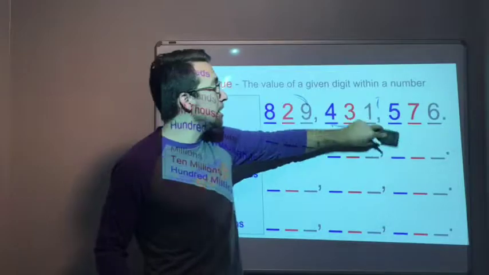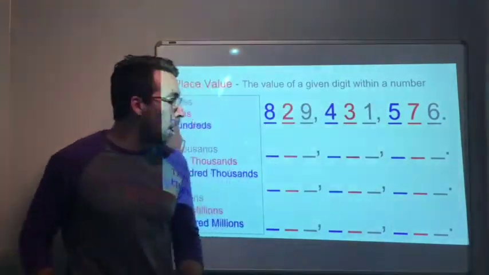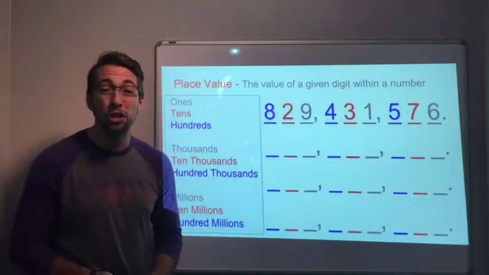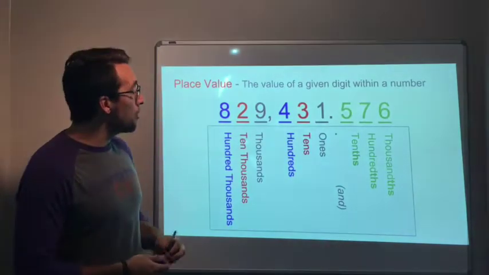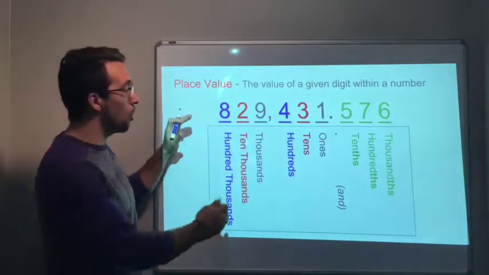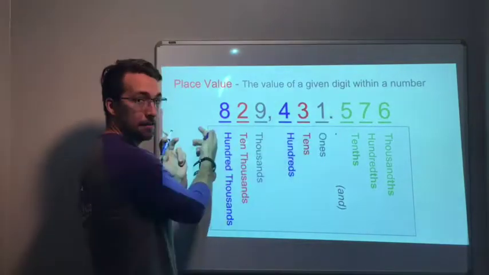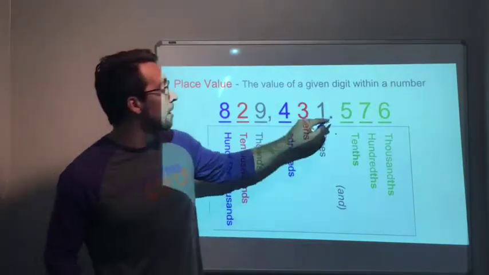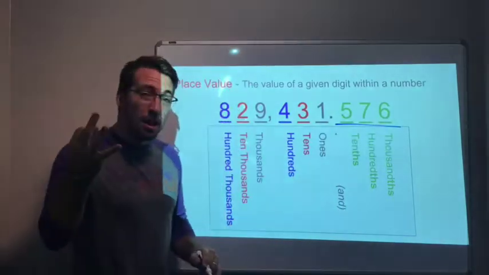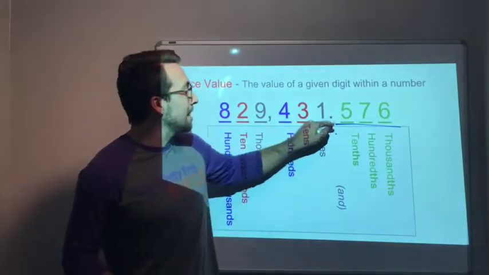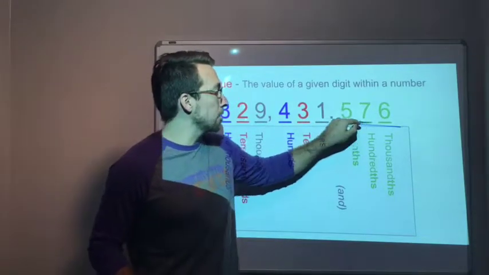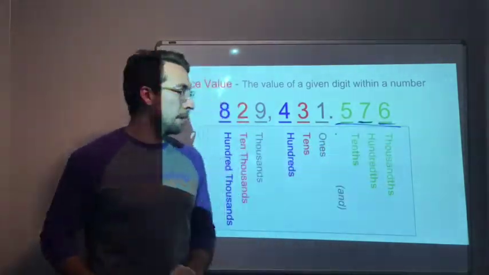Again, this is foundational. It's hard to talk about numbers if we don't know which digits we're talking about and comparing. So not only do we have positive numbers or whole numbers here on the left side of the decimal, we also have three specific digits we're going to talk about on the right side of the decimal. This is the tenths place, the hundredths place, and the thousandths place.